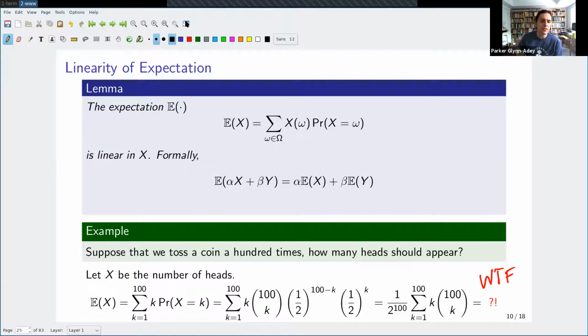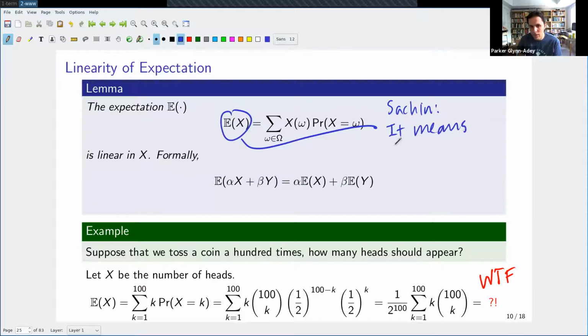So what does the expected value mean though? Sachin, that's a great question. This means what we expect X to output.